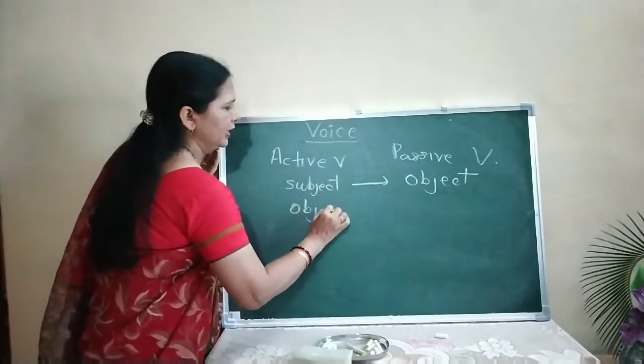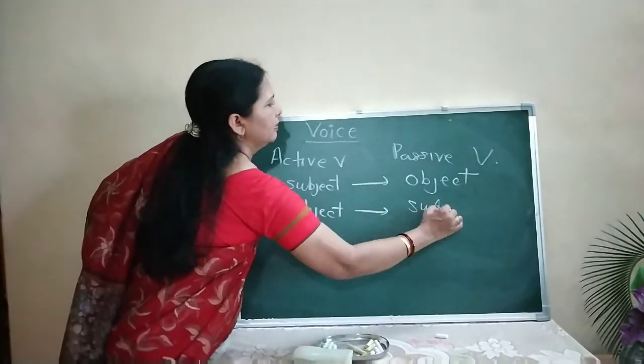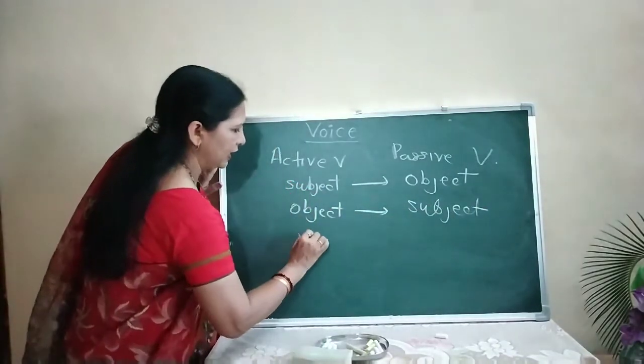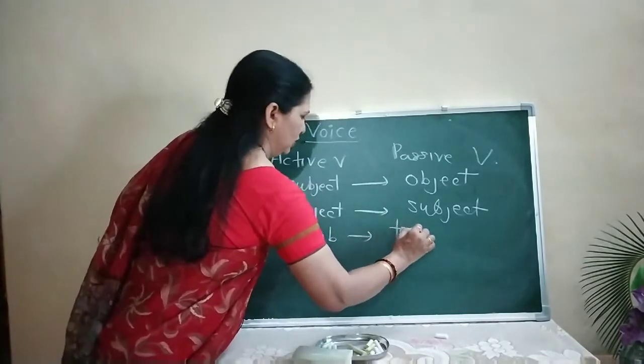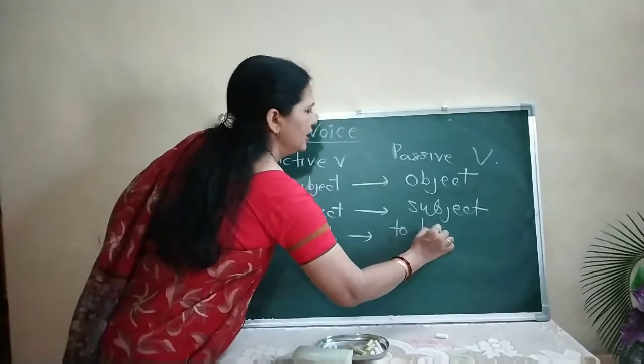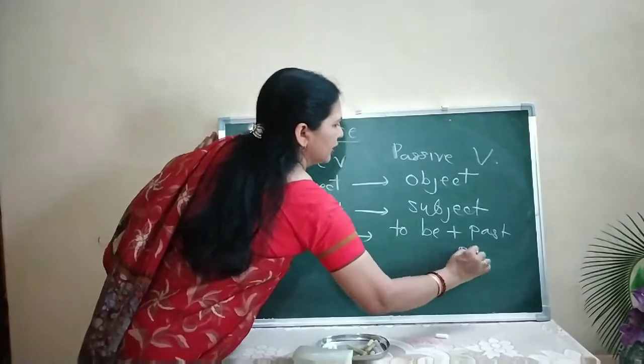The object in active voice becomes the subject in passive voice. And as far as the change in the verb is concerned, we use to be plus past participle.